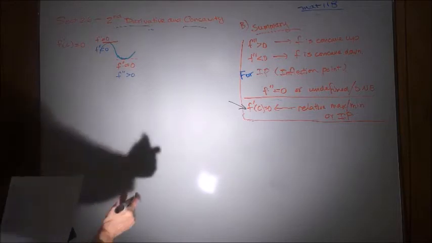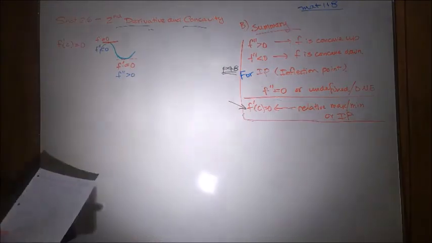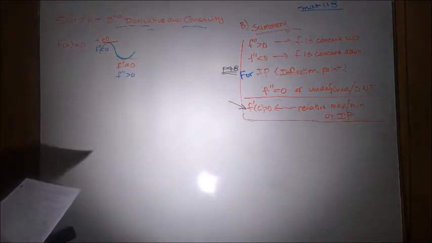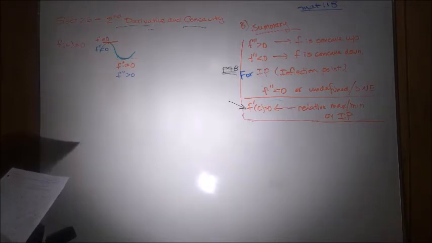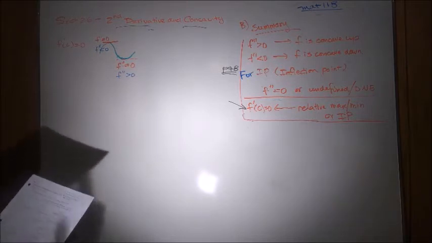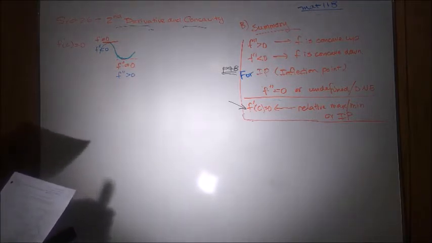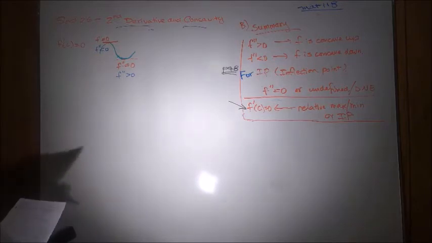On your page 48, here it says an inflection point is a point on the graph of a function where the concavity of the function changes, from concave up to concave down, or from concave down to concave up, okay?